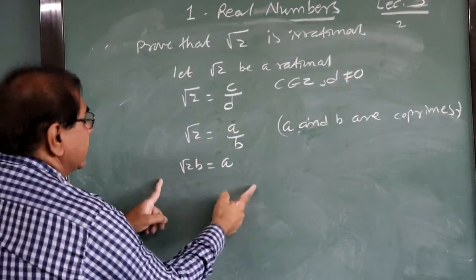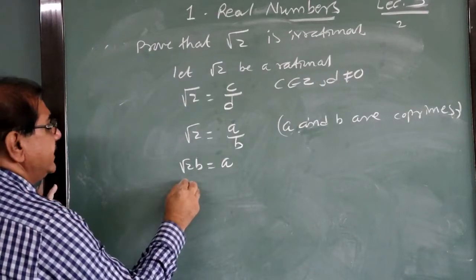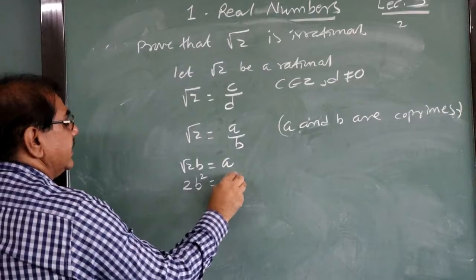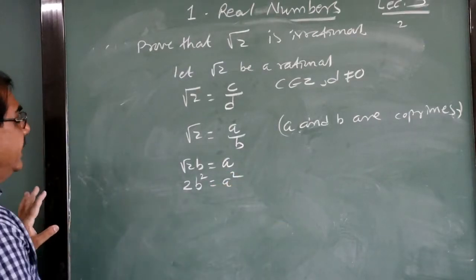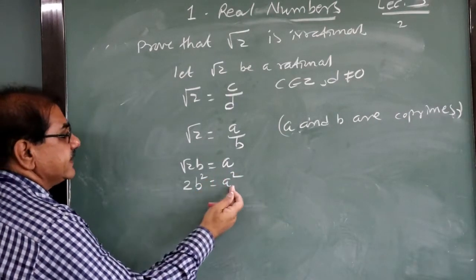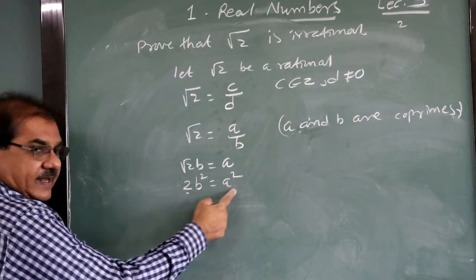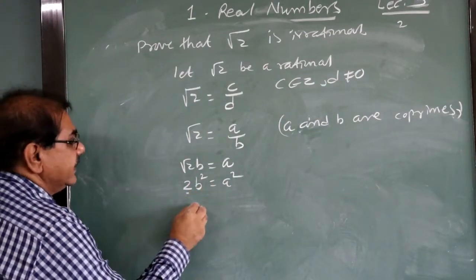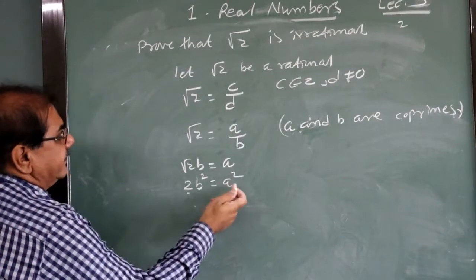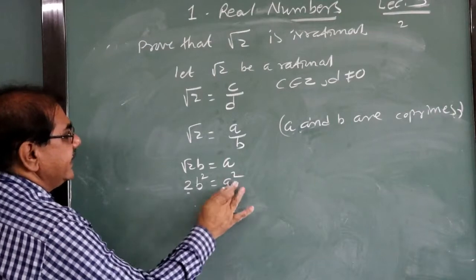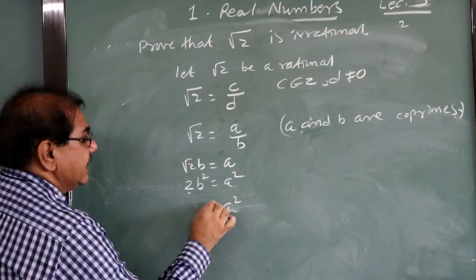I take the squares on both the sides. So root 2 square is 2, B square, 2 B square is equal to A square. Okay. What does it mean? That A square is a multiple of 2. Means A square is a multiple of 2, so 2 B square divides A square, so A square is a multiple of 2.